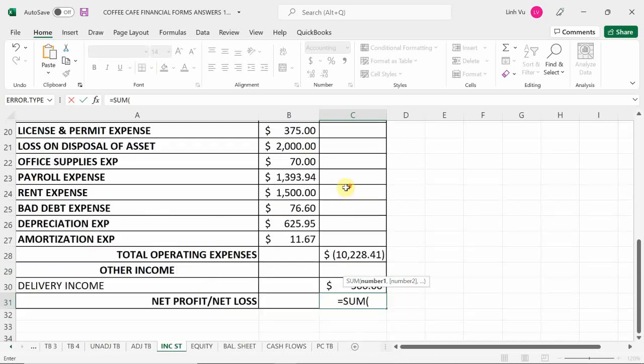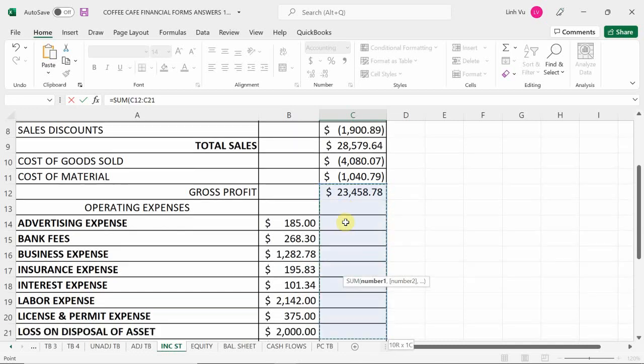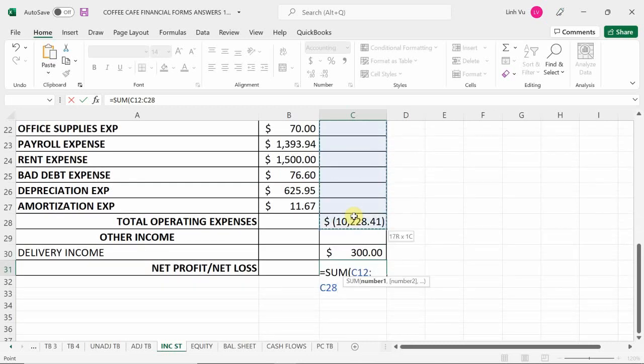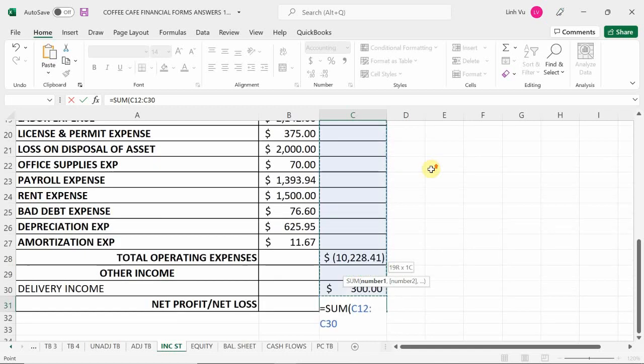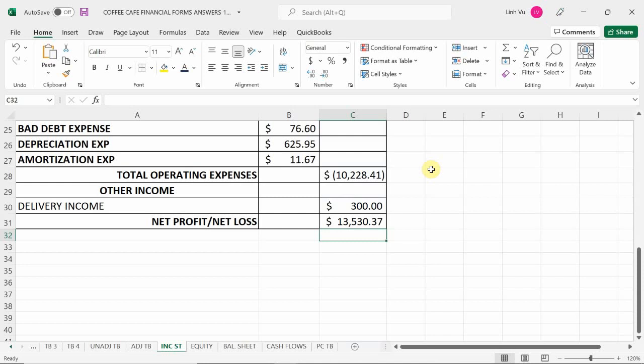So now let's go ahead and complete my profit or loss by calculating this. I'm going to take my gross profit of 23,458.78, add my operating expenses of negative 10,228.41, and add $300, giving me a grand total of 13,530.37.